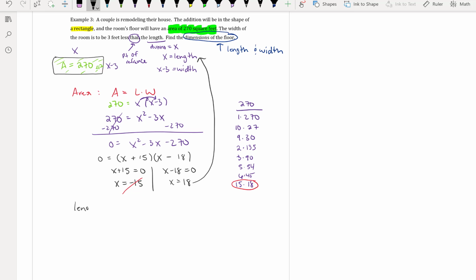So I have that my length is going to be 18 feet. So then my width is x minus 3. So 18 minus 3 gives me 15 feet. So I have my length of 18 feet and I have my width of 15 feet. Okay. So these are the types of word problems that you're going to be encountering on your homework.